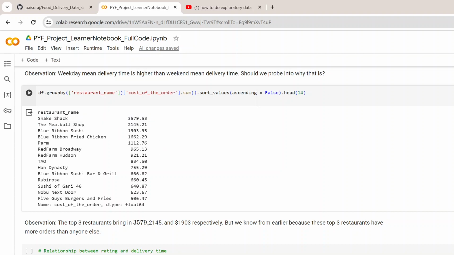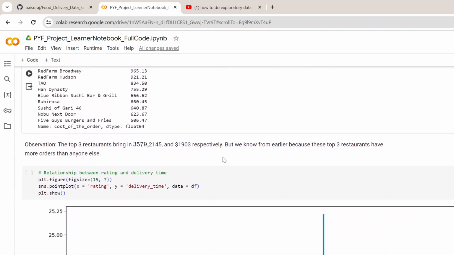And so it's just good to see that if we add up all the orders from Shake Shack, we get a total of 3,600-ish, which is actually surprisingly not a lot. But perhaps the data was in thousands. I'm not really sure.